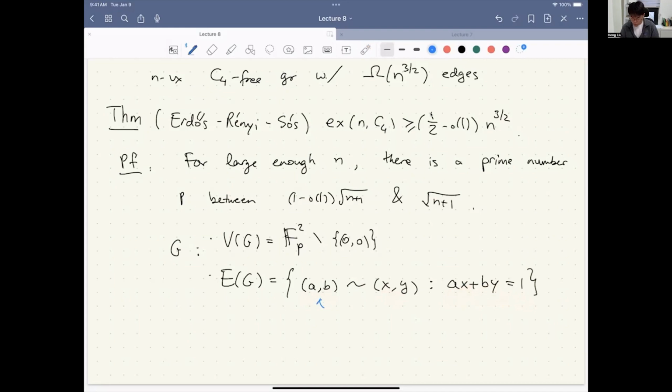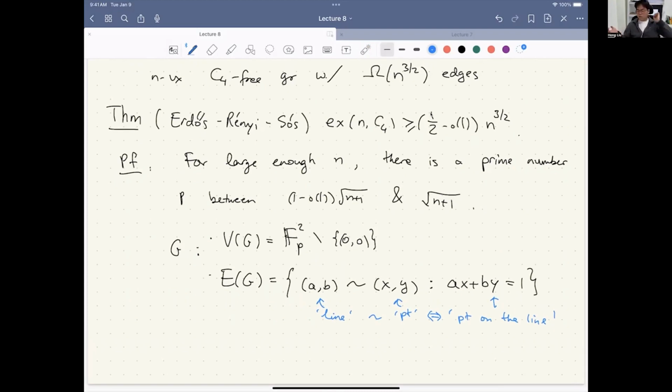Okay, so this you can think of as a line, sort of. This you can think of as a point, and they are adjacent if and only if the point is on the line. This is what it means here.